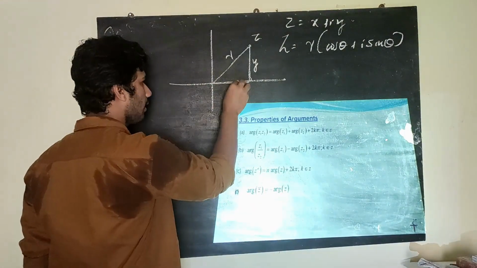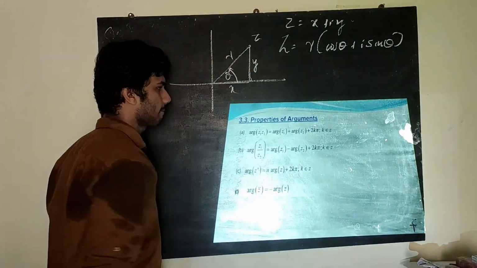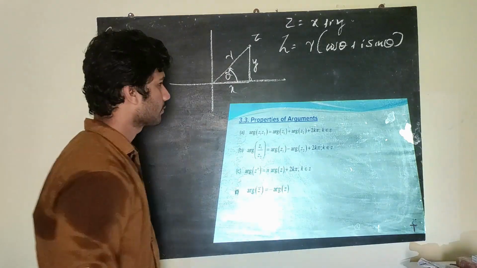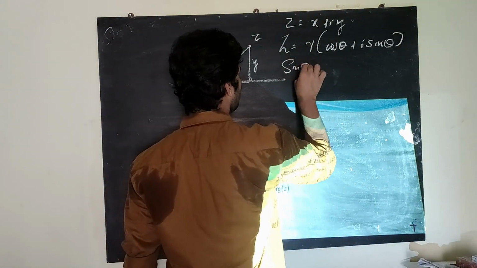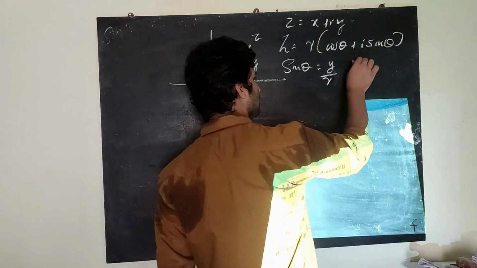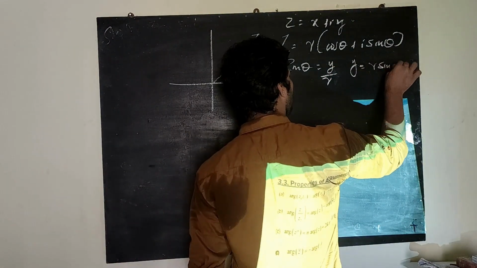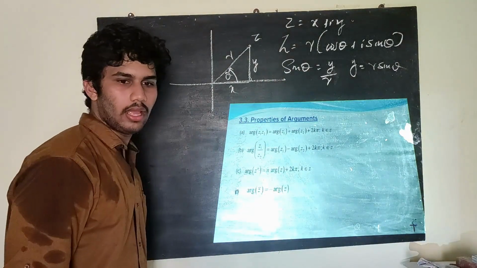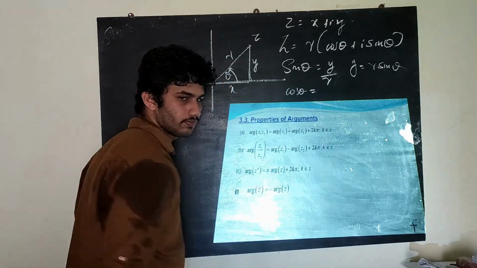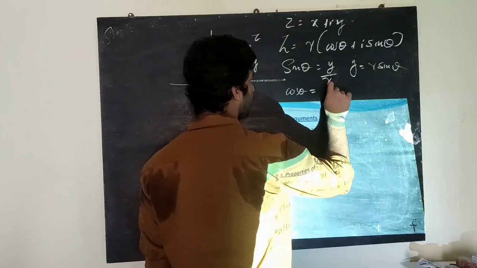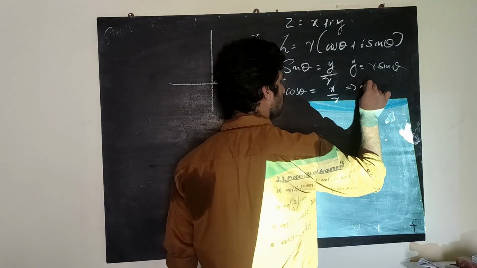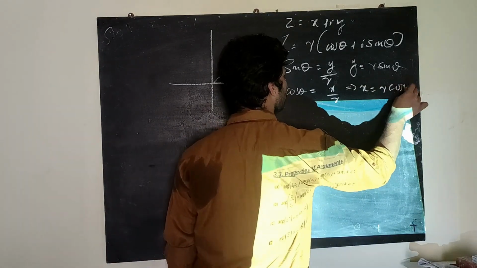So this is angle theta, right? Argument. So what is sin theta? Sin theta is y by r. That implies y is equal to r sin theta. And if it was cos theta, I can say it is x by r, or x is equal to r cos theta.